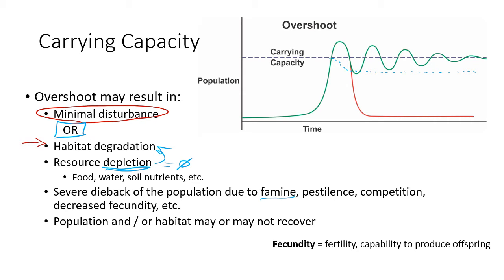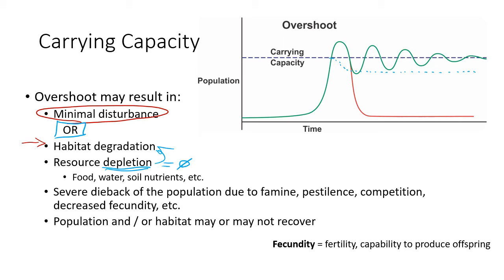It could be famine, so lack of food. It could be disease. It could be competition, and it could be decreased fecundity. Fecundity is the fertility potential of an individual. So if there is a lot of disease going through your population, coupled with famine, you're not going to have a lot of kids. There just isn't enough energy to reproduce. There's not enough energy to produce milk. There's not enough energy to produce large yolk if you're birds, etc.